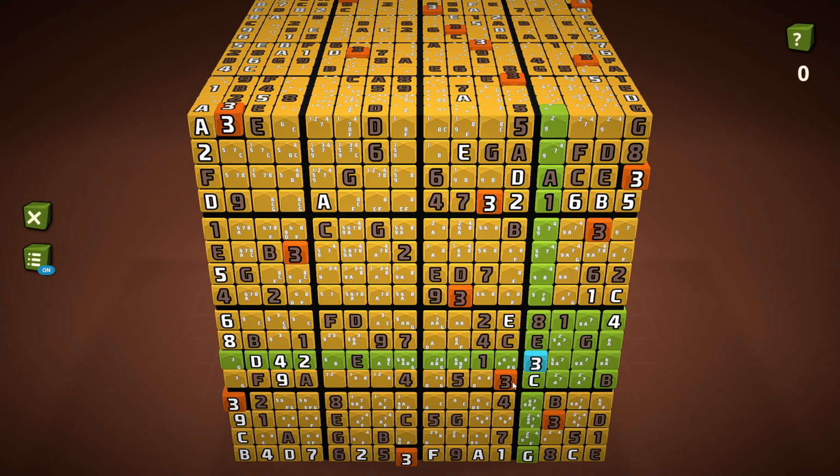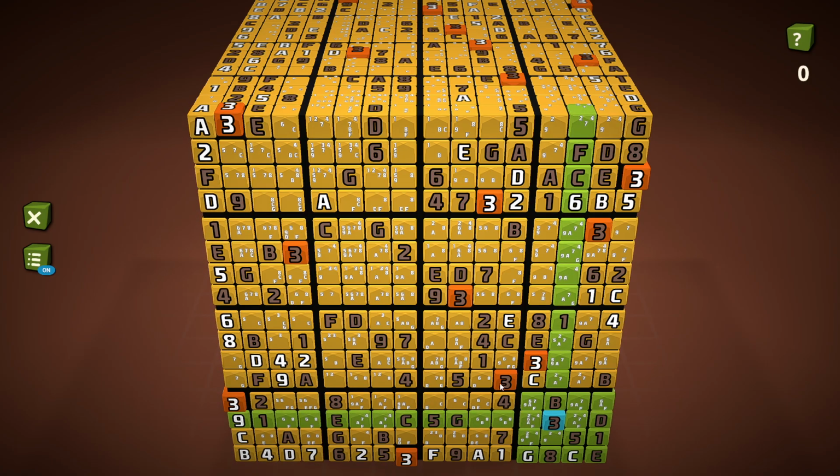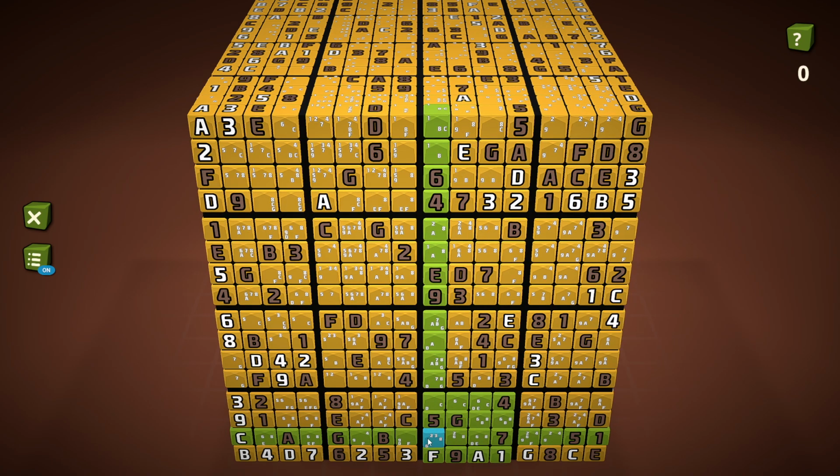Those 3. Oh, hello there. So it's not the top row or the second row. But here or even here. So this is a 3. Okay, sure.